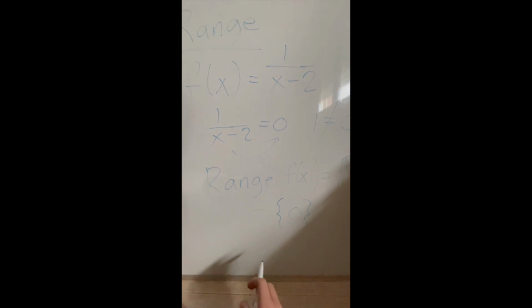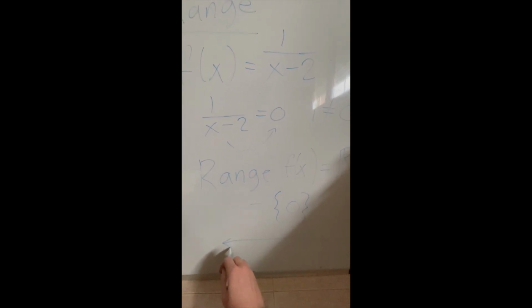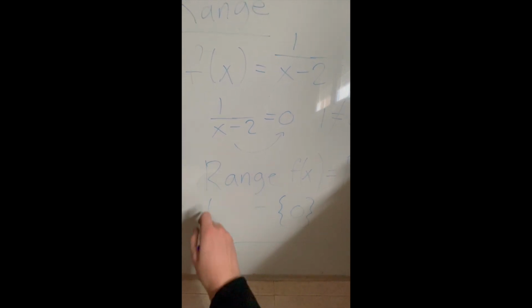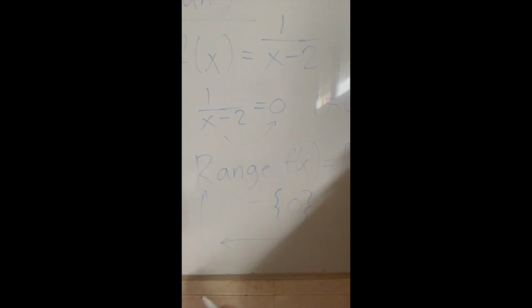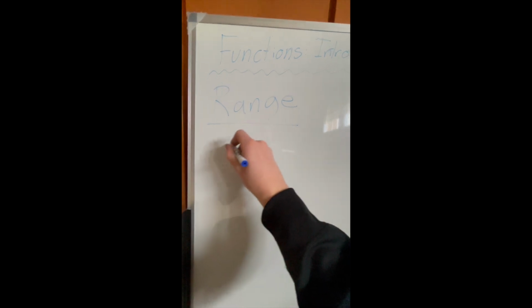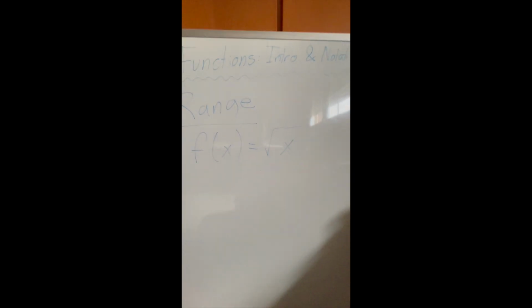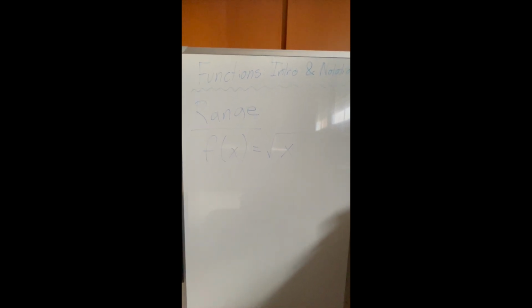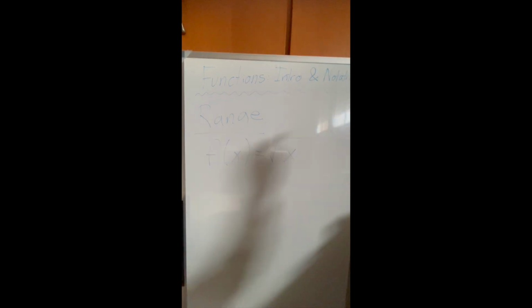So, while the domain is looking at all the x values, the range is looking at all the y values. And this is where we introduce the x-axis and the y-axis of a graph. Let's practice with the other example that we have seen for domain. F of x is equal to square root of x. We know that the domain of this is only positive numbers. It can only be 0 to infinity.